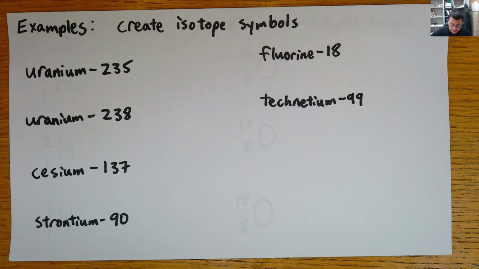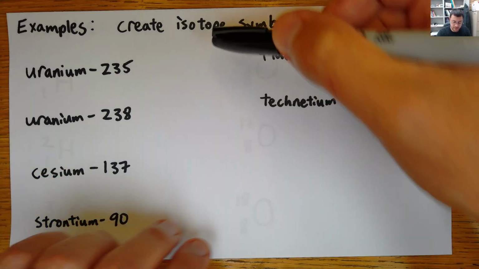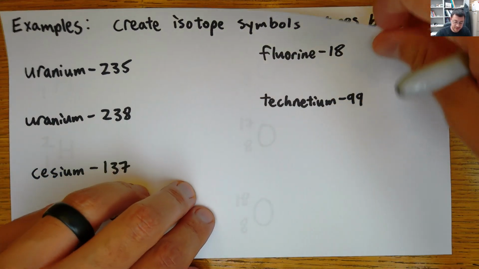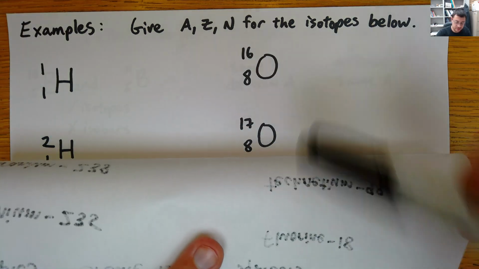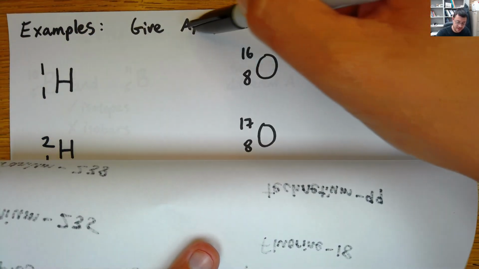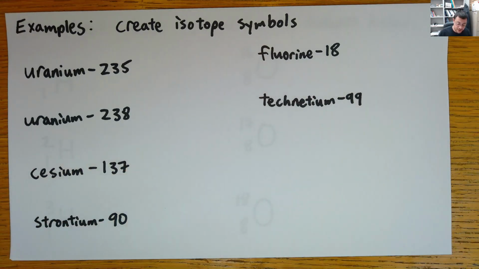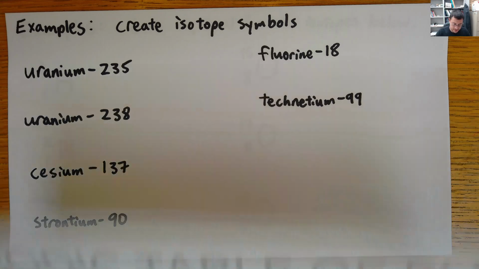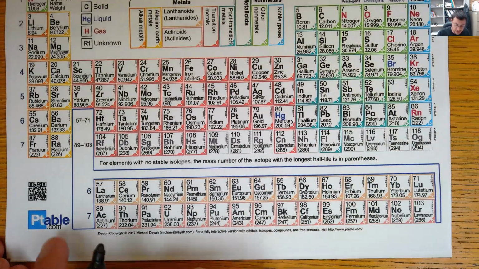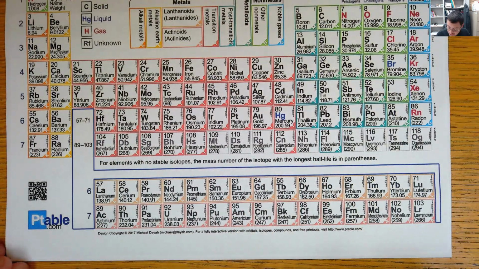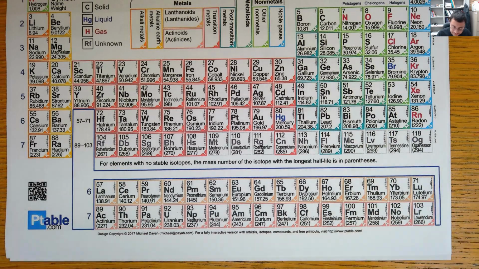All right, so for the remainder of this video, let's do some examples together. First, we're going to create some isotope symbols together, and then we're going to look at some symbols and give the A, Z, and N values for those. All right, so we have first uranium-235. This will require us to have a periodic table handy. ptable.com is a place I like to go, easy to read.